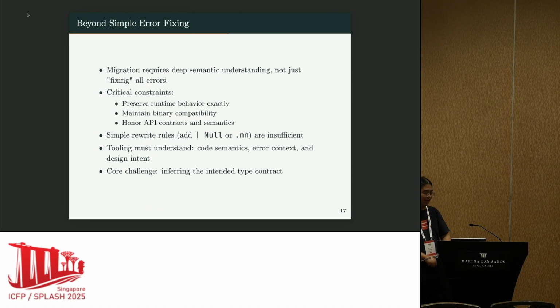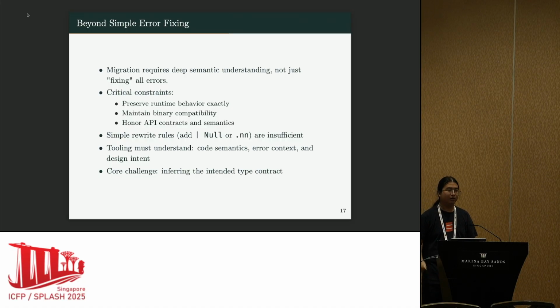All of these slides are saying that the kind of migration we want to achieve is not simply fixing all the errors. We want a deeper semantic understanding. Because we are working with the standard libraries, we are also facing some constraints. We want to preserve the runtime behaviors. We want to make sure of binary compatibility.